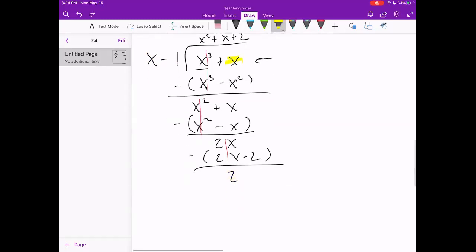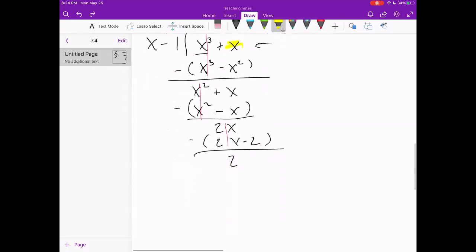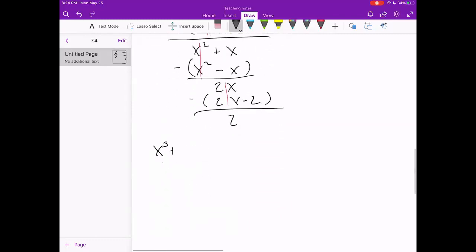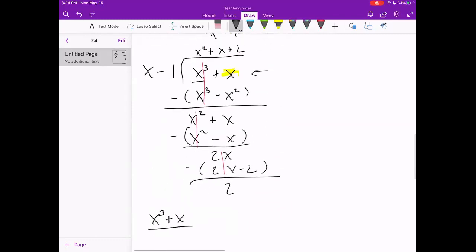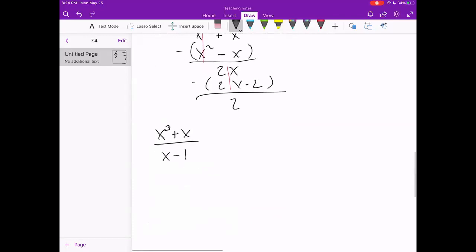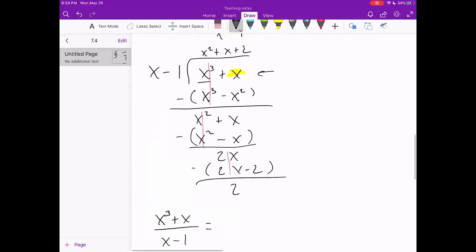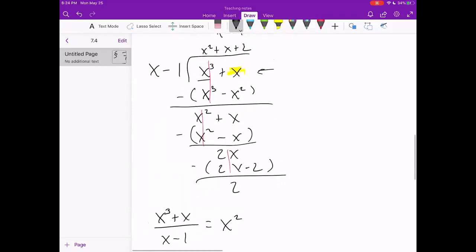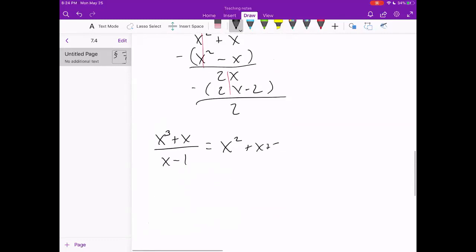And now I can write this. So the whole point of that is x cubed plus x over x minus 1 is equal to the quotient here, x squared plus x plus 2, and then the remainder plus 2 over the thing I'm dividing by.